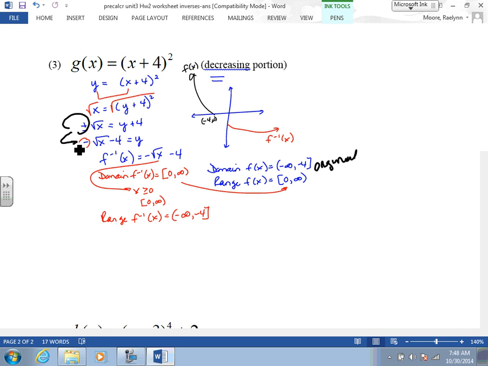Usually if the first one needs to be restricted, the inverse doesn't. If the first one doesn't need to be restricted, then the inverse does. Because you're squaring or square rooting. And you can still put your range and domain out there and have no problems.